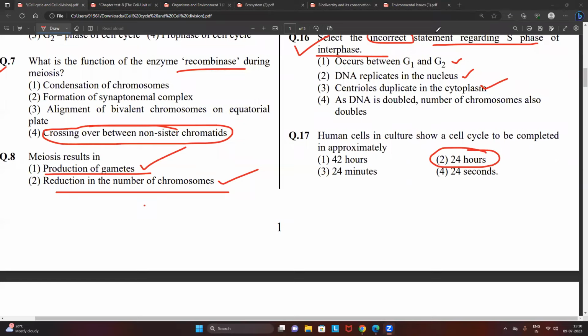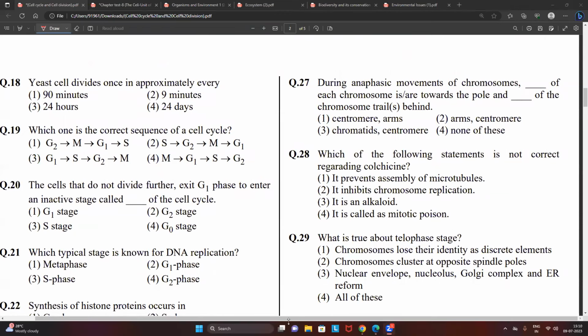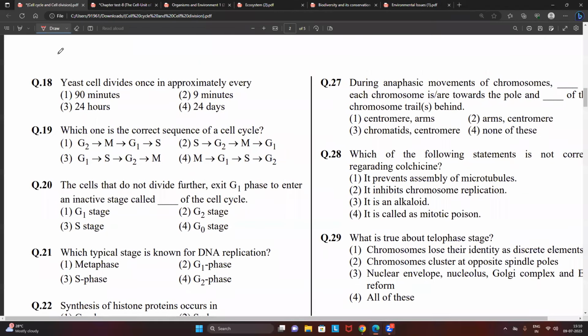Very good question it is. Yeast cell divides once in approximately every. You have to remember that yeast cells are less developed when compared to the human being. So obviously it will take less, 90 minutes.